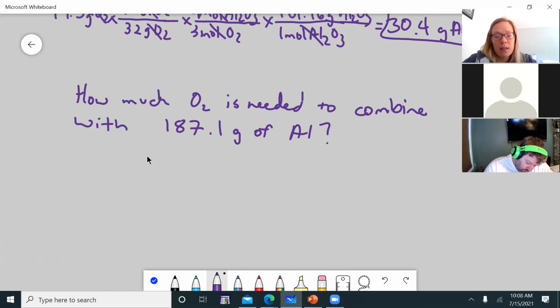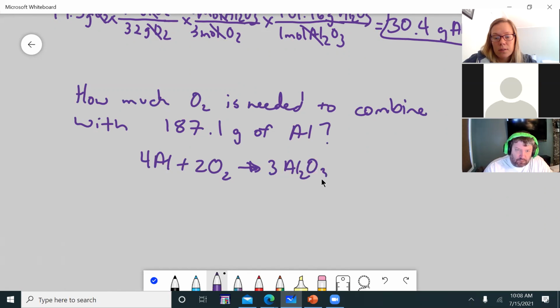And again, the formula is 4 aluminums plus 2 O2s produce 3 Al2O3s. Okay, so I'm going to give you all 5 to 7 minutes to work on that one. You can use the previous one as a skeleton structure for what you want to do.